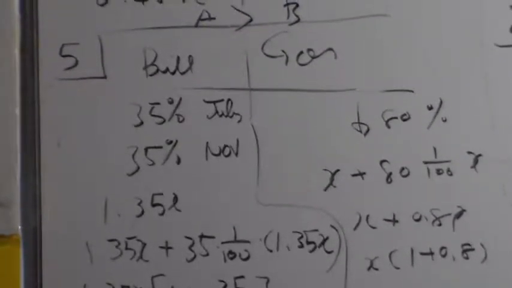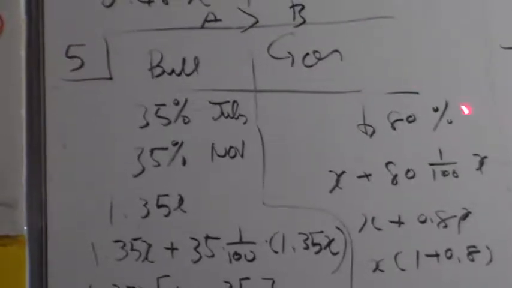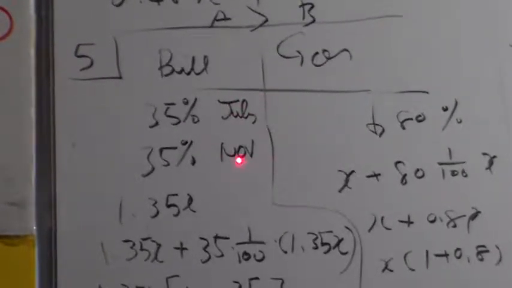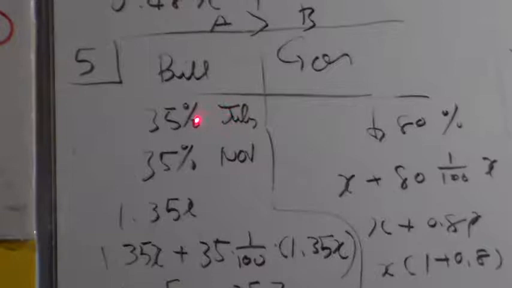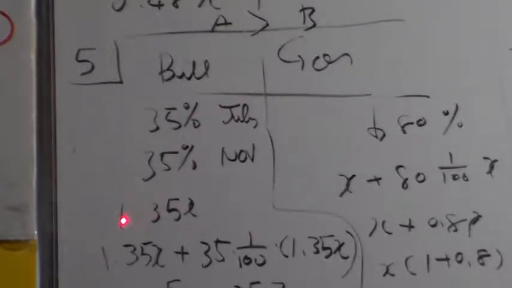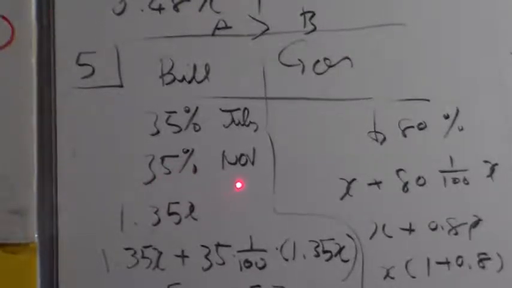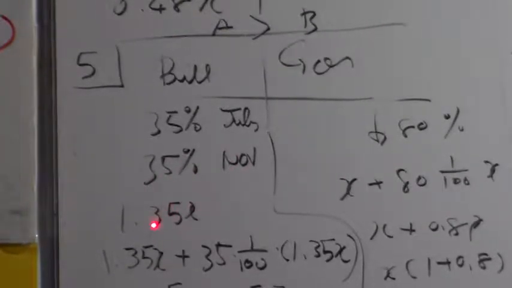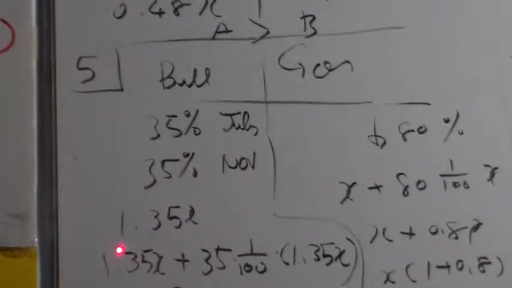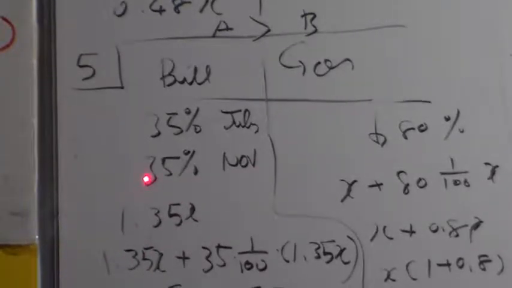Okay, so Bill, both of them start from X. So July, Bill got 1.35x. Okay, then November, from this, then another 35%.